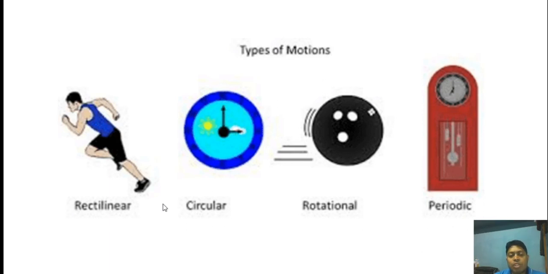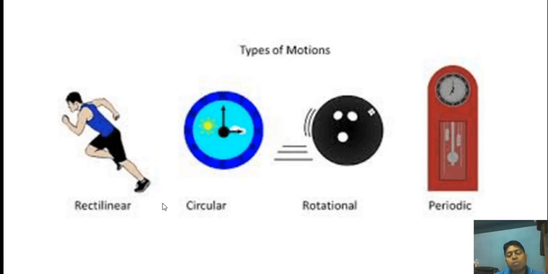The next classification is three-dimensional motion. Three-dimensional motion means the position may change in x, y, and z directions, meaning space. For example, a flying bird, or the molecules of a gas randomly moving inside a cube. These are examples of three-dimensional motion.